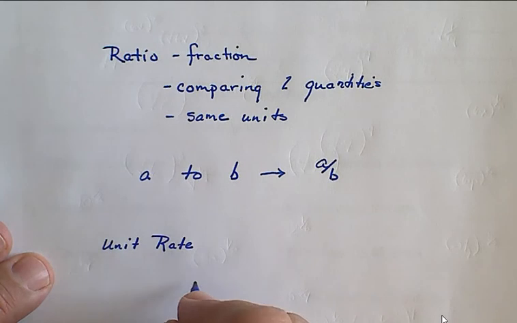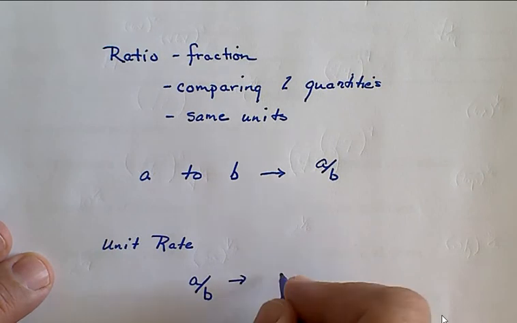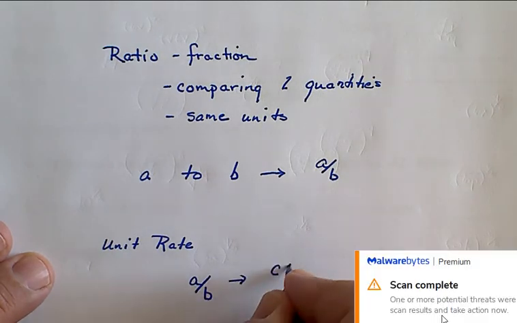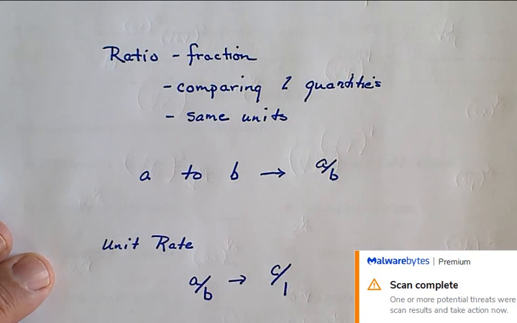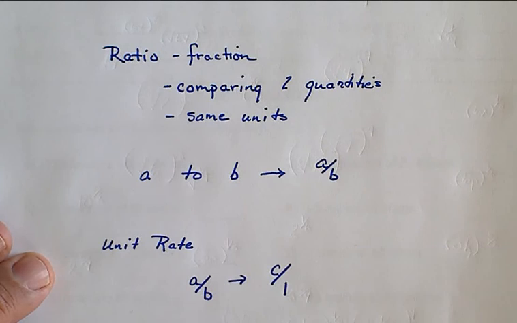Once we've got A over B, we're going to divide so that our new denominator is going to be 1. Okay, so it has to be a 1. And then whatever is on top, which could be a whole number, could be a decimal, then is going to become our unit rate, our rate per 1. Okay, that's what unit means, 1. So we have a ratio with the denominator of 1. Okay, so those are the two things you're being asked to do here.